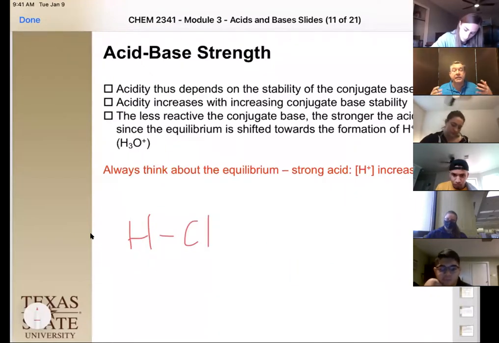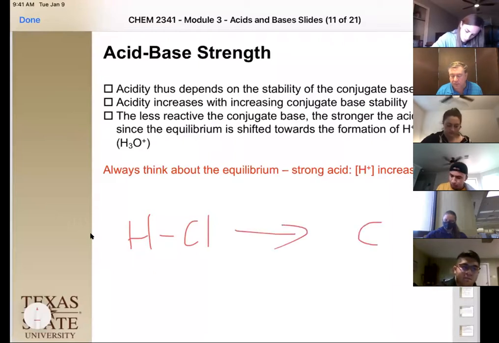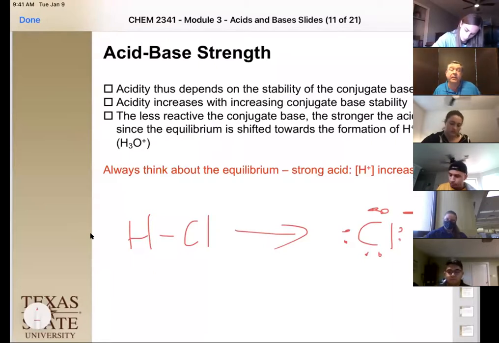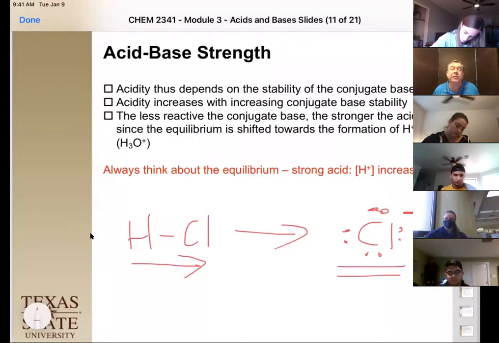That's a strong acid because when we transfer that proton, our conjugate base is the chloride ion. The chloride ion is very stable. It likes being a negative charge. It's one of our very common ions. So think of it as this is such a strong acid because this is such a stable conjugate base.